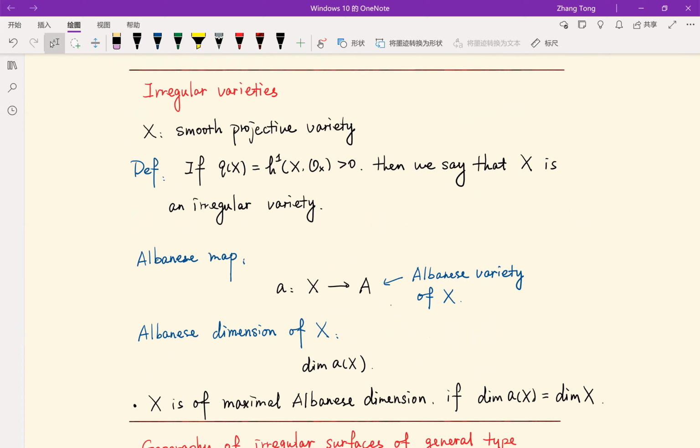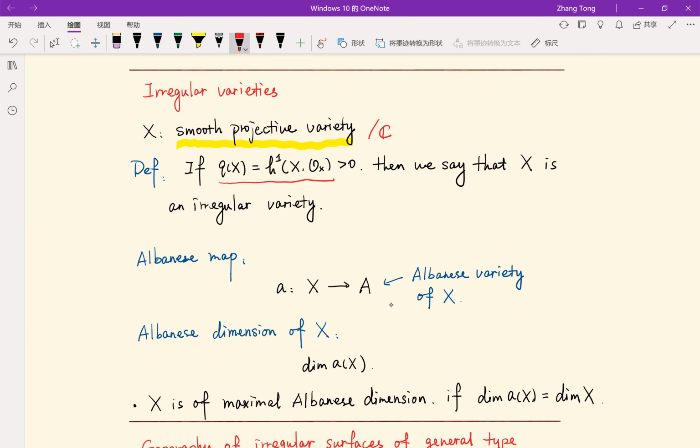Suppose I have a variety X, which is a smooth projective variety, let's say defined over C. It is called an irregular variety if its irregularity is positive. The definition is just as follows: if the irregularity q(X) is positive, then this variety X is called an irregular variety.